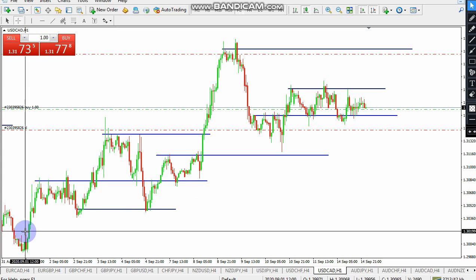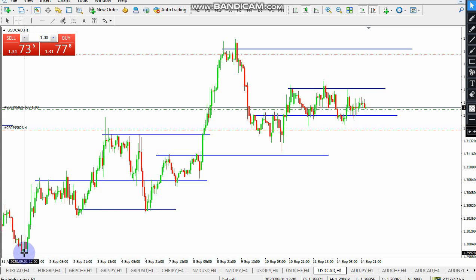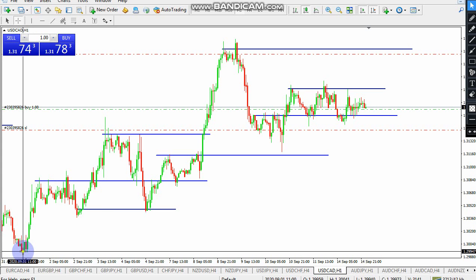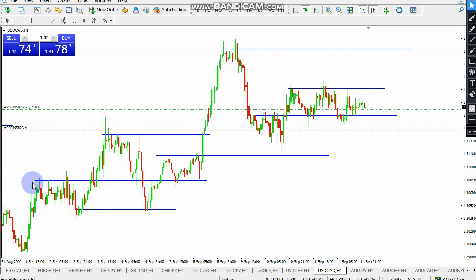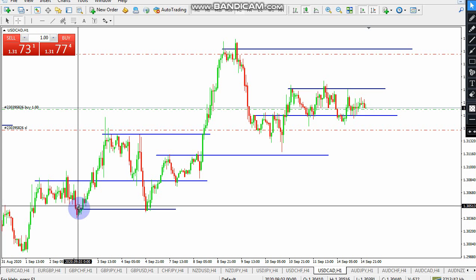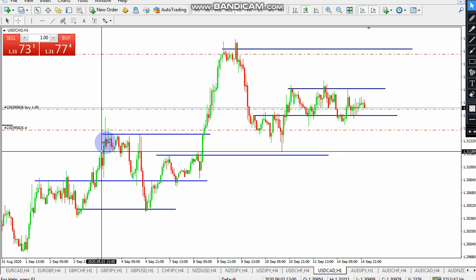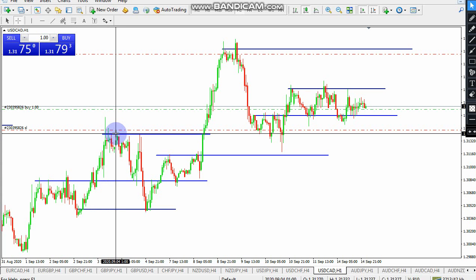So I see the buyers coming in from this area. They push into this area like that, then they halt a little bit, then sellers try to come in around this area a little bit, then the buyers jump in again to give us a higher high.